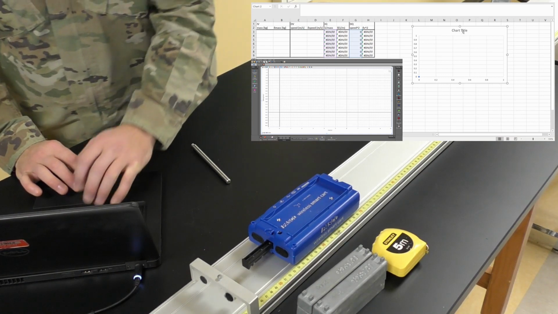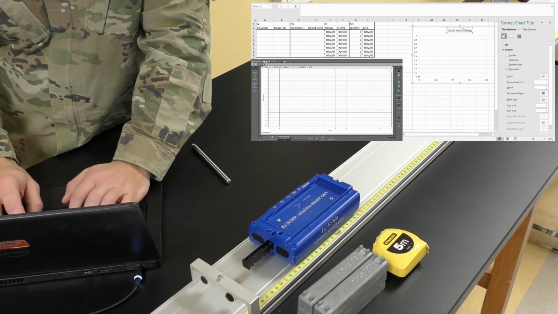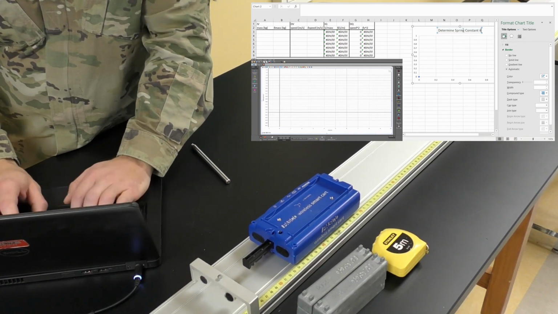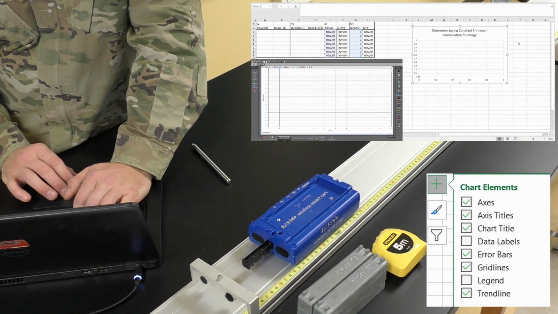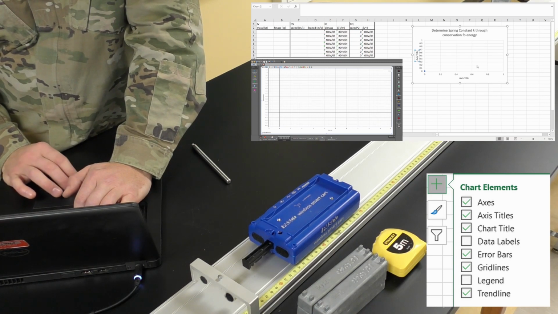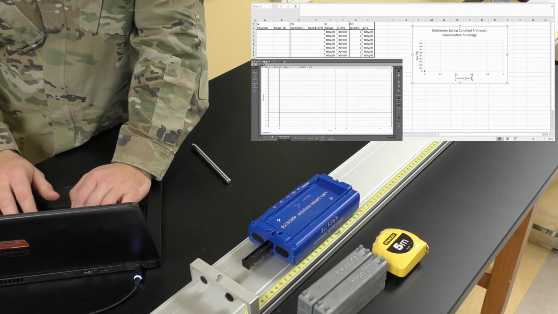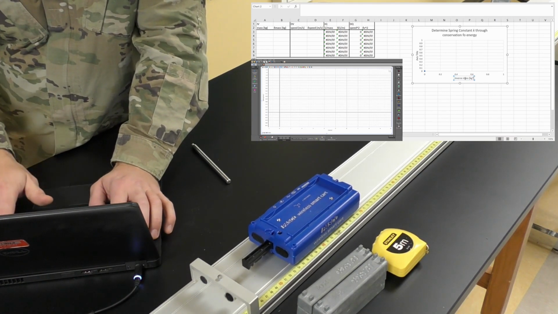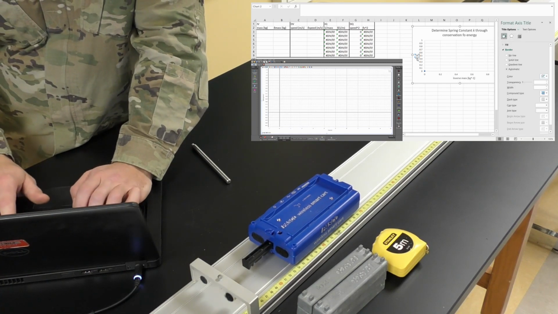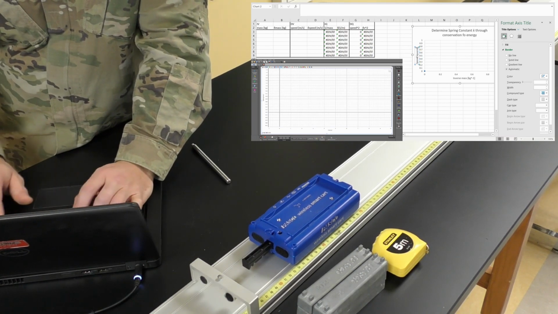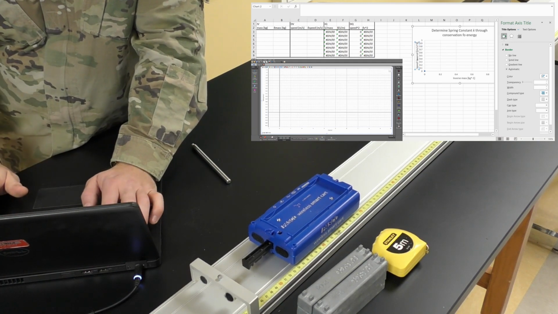And then for my chart title, we're using this chart to determine the spring constant, K. Also on my chart, I want to have axis titles. On my x-axis, I'm plotting inverse mass with units of kilograms to the -1. And then on my y-axis, I'm plotting speed squared with units of meters per second, quantity squared.